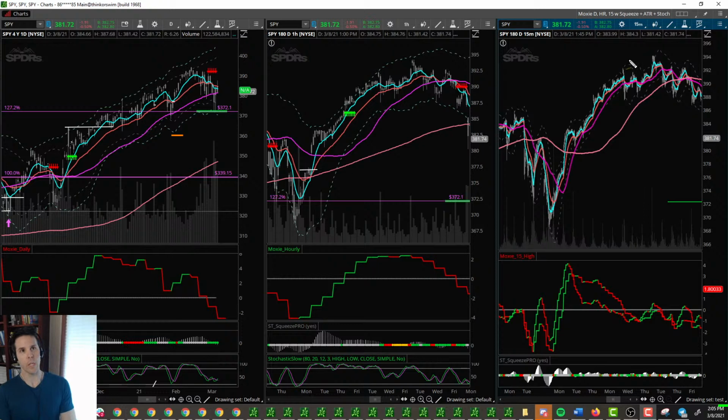So it was this day right here where we opened with a gap up, and I'm always uncomfortable when the market opens with a gap up because it's just not supported. At some point price is going to have to find that support, which I generally look at as moving averages, and so I'm always a little distrustful of that.